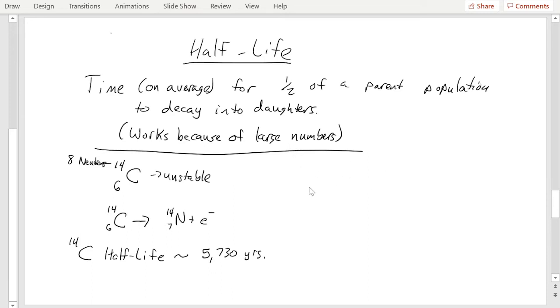So even though I just said this works because of large numbers, let's use numbers that we can work with. And let's just use 10 to the 6th. So this is 1 million, just for the sake of example.